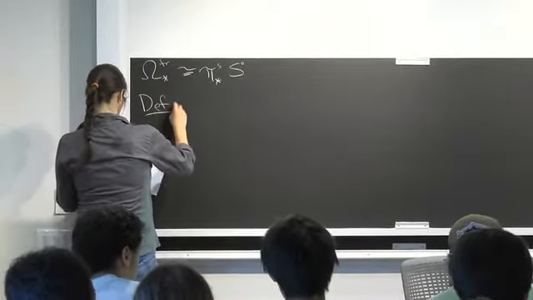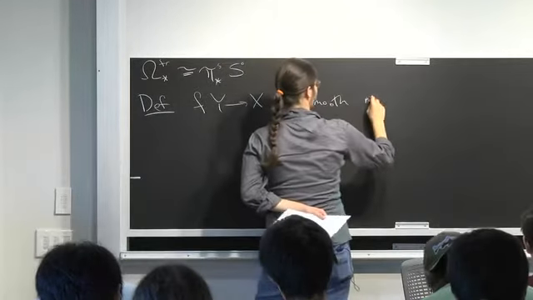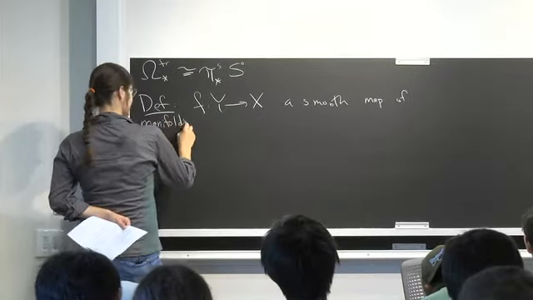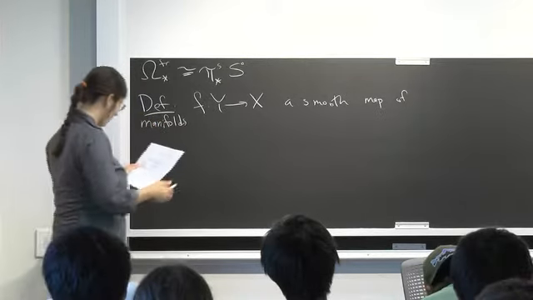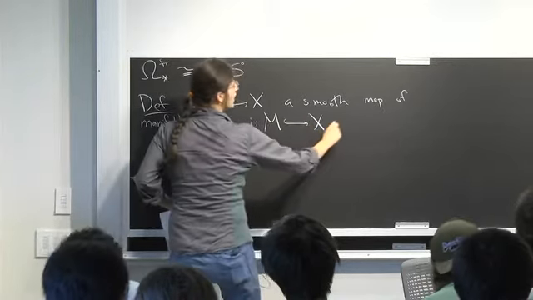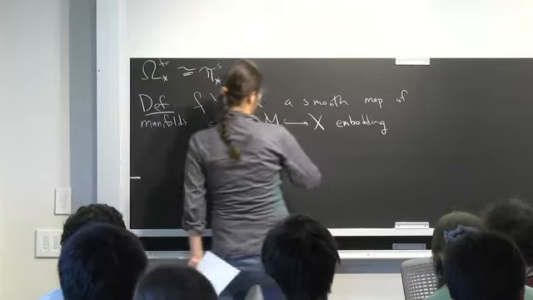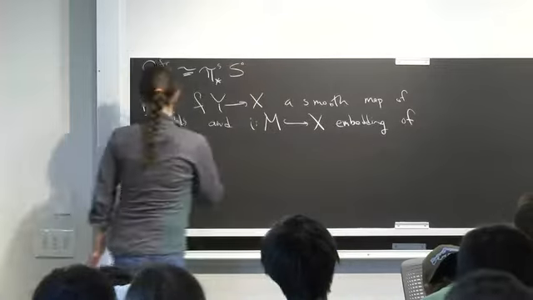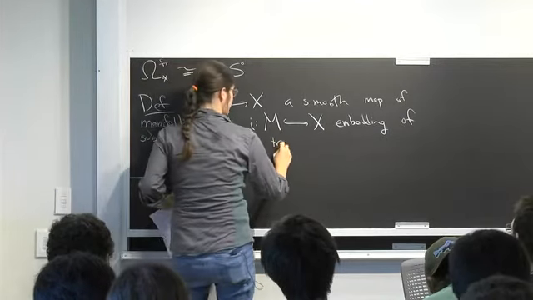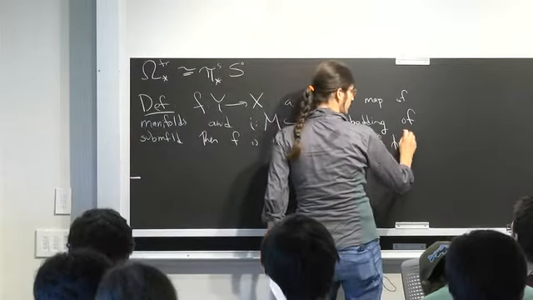So definition. If we have f, a smooth map of manifolds, and i is an inclusion of a submanifold, and the only reason that we need a name for this is that we're going to need the derivative, the tangent space to M, of a submanifold, then f is transverse to i, and I'll just write down the notation for this, even though I don't think I'm actually ever going to use it.